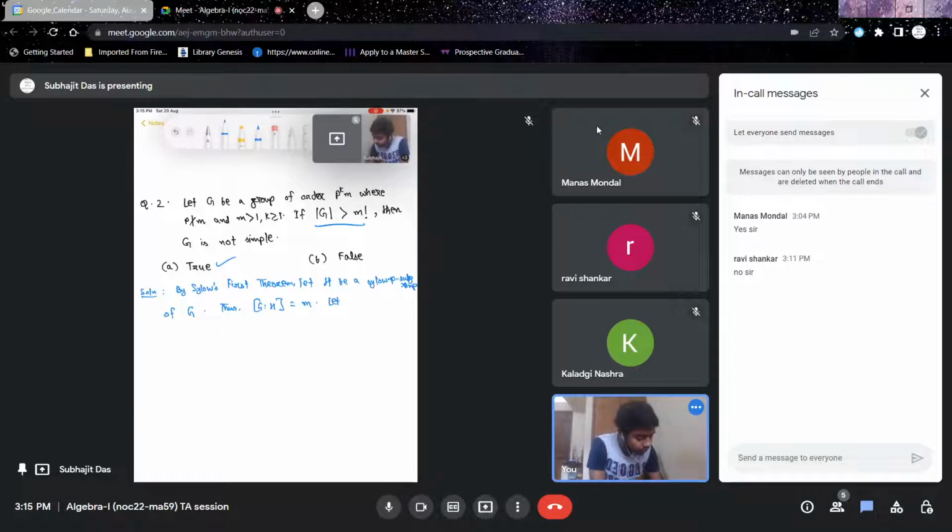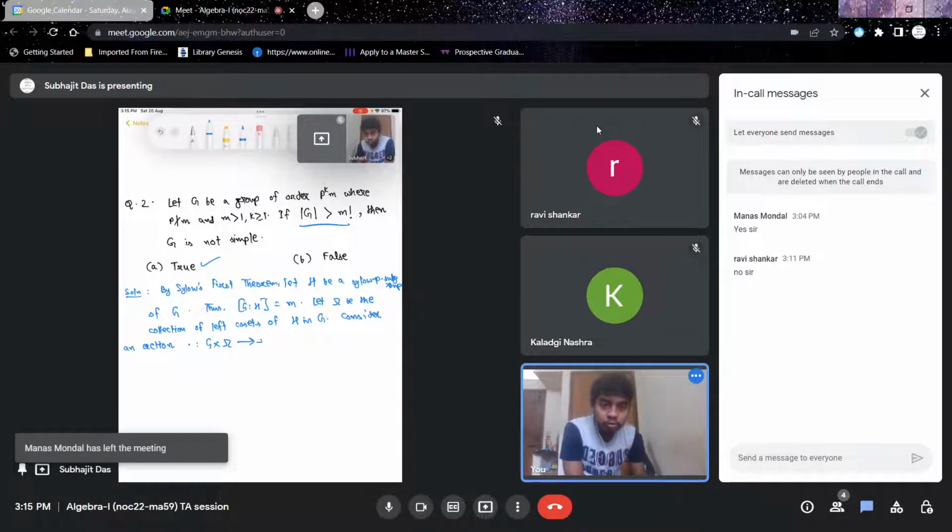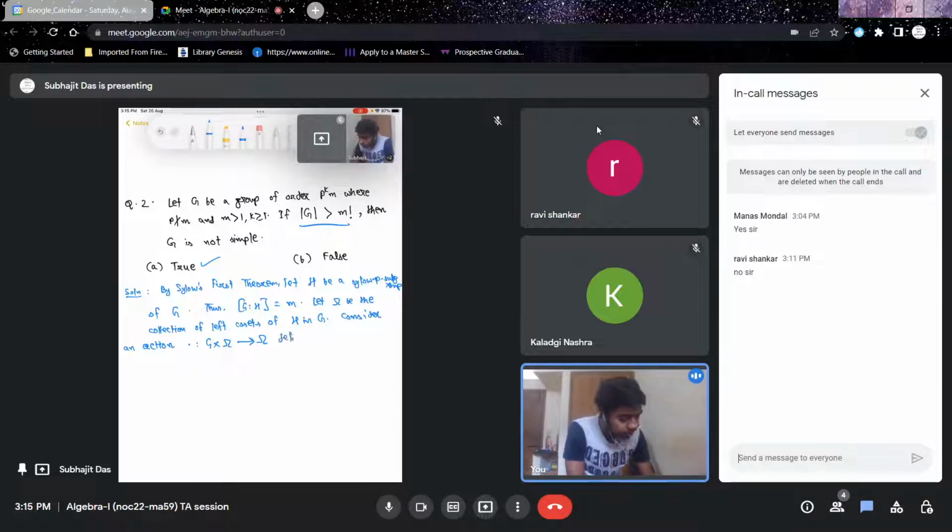Let omega be the collection of left cosets of H in G, and we consider the usual action of G on this omega, defined by g dot aH is gaH for all g in G, aH in omega.